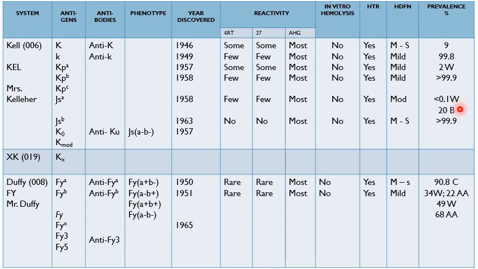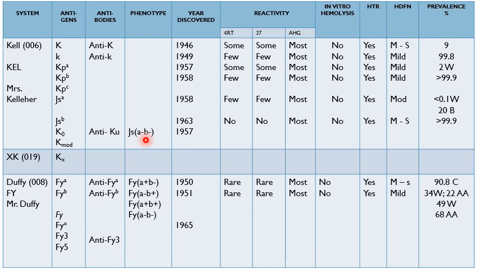These two antigens are associated with the KEL system because it was found that the KO RBCs are JSA negative, JSB negative.